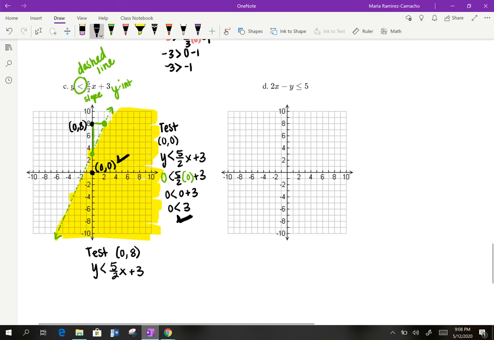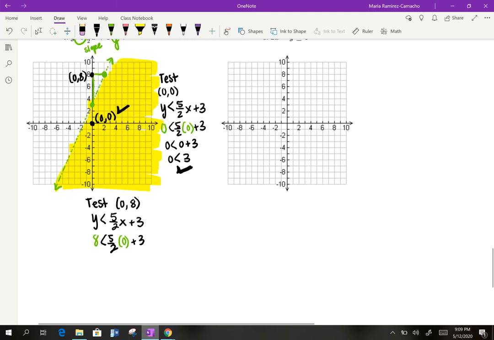Plug in 8 for y, and then plug in 0 for x. You simplify, you get this. Is 8 less than 3? No. So we don't shade in that direction.